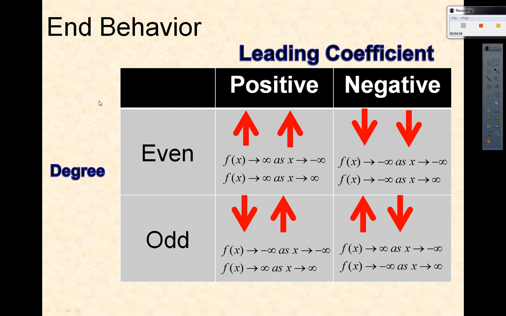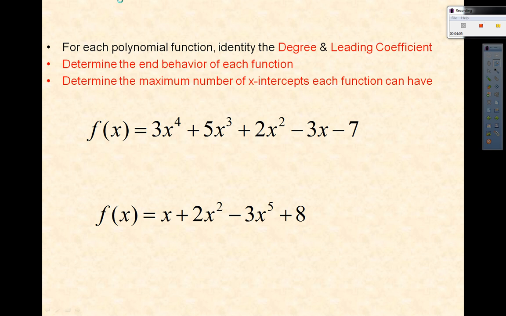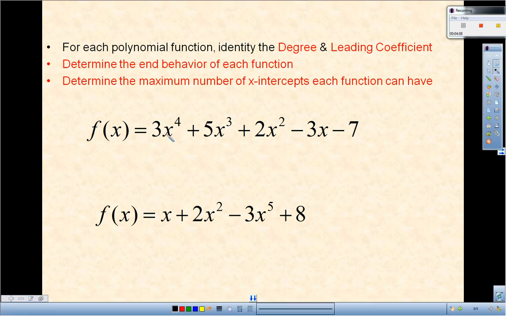All right, let's take a look at 2 examples. So take a look at this first one. f of x equals 3x to the fourth plus 5x cubed plus 2x squared minus 3x minus 7. I notice the degree of this polynomial is 4, my lead coefficient is 3. My degree is even, which means my end behavior is going to go in the same direction.